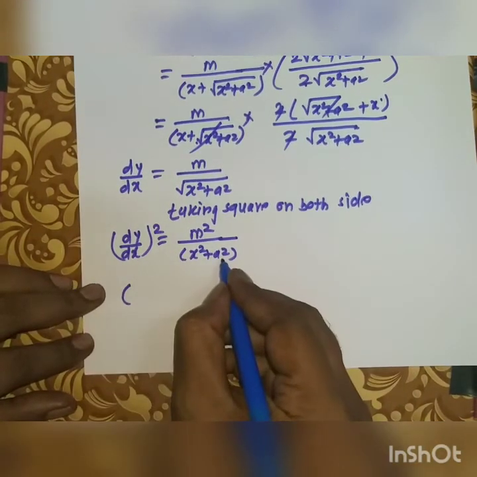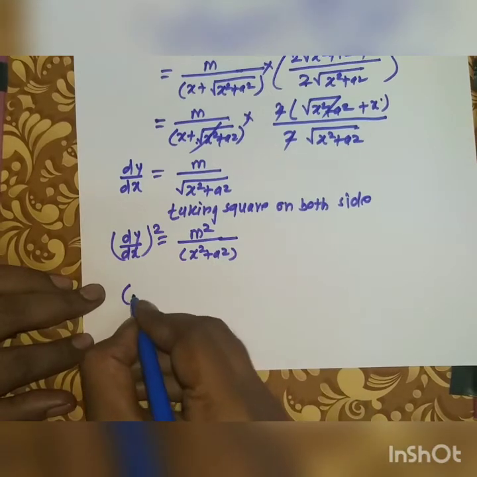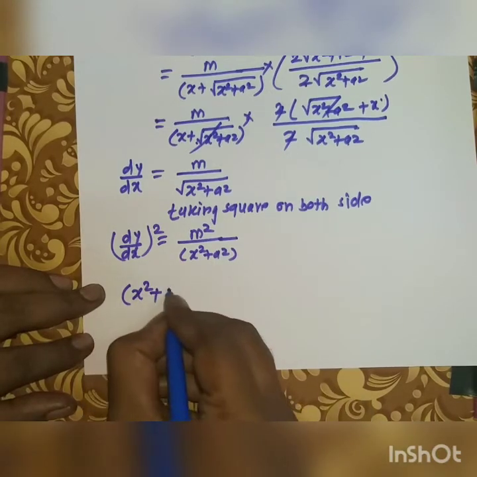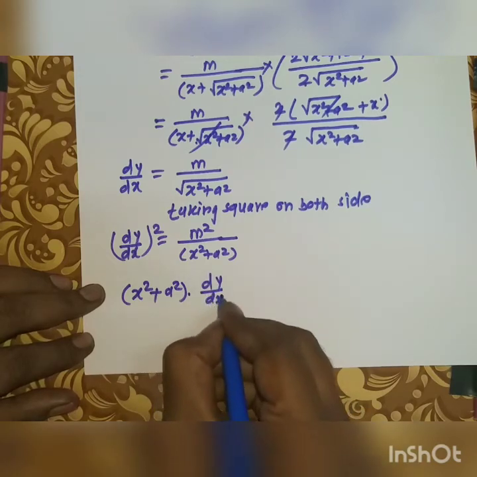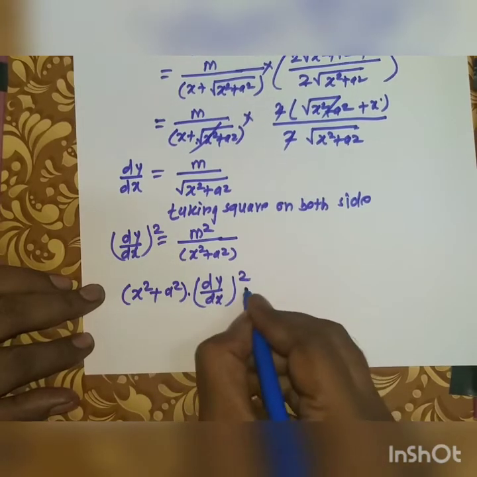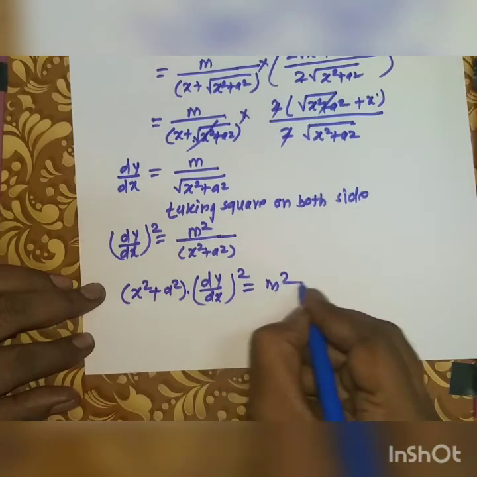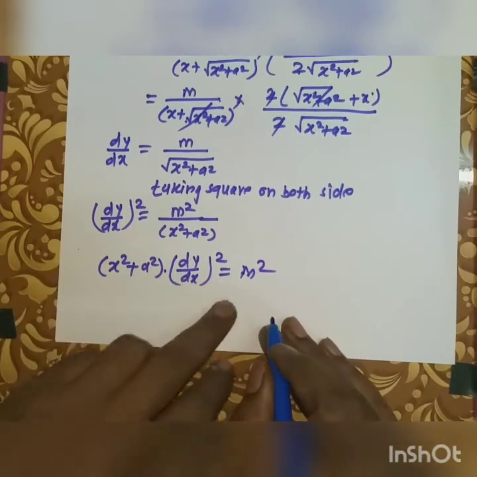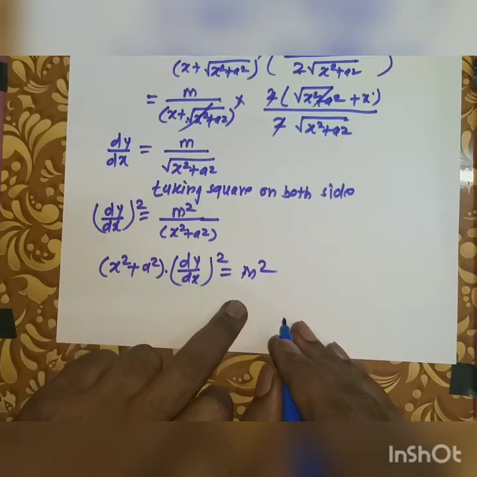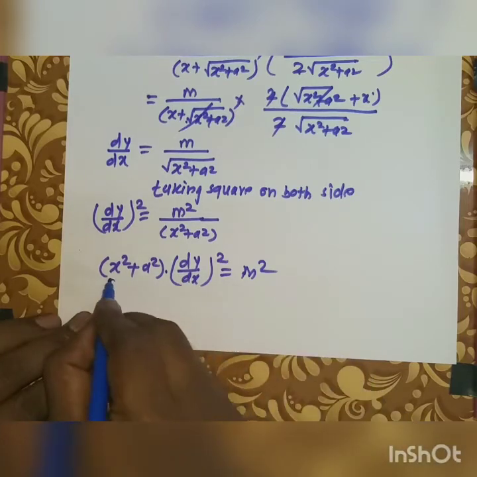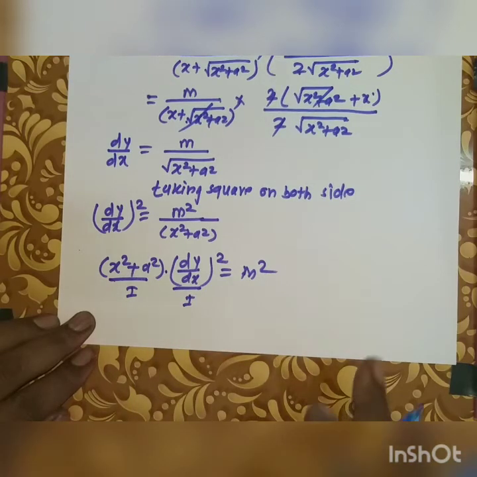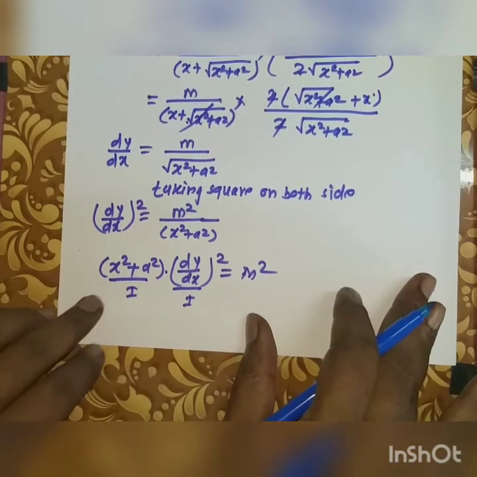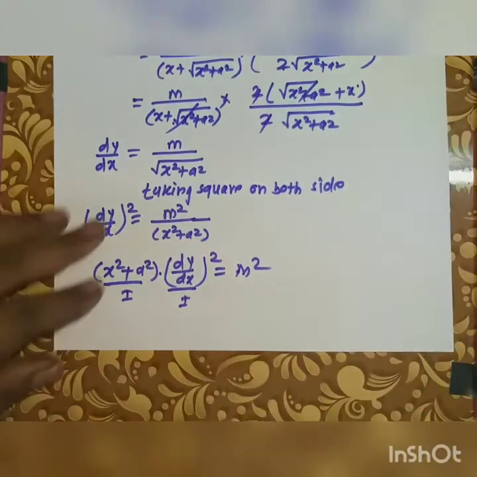Now transfer this denominator to the left hand side: x square plus a square into dy by dx bracket square is equal to m square. That means the right hand side has only the constant term, and the left hand side is a product of two functions, first and second.